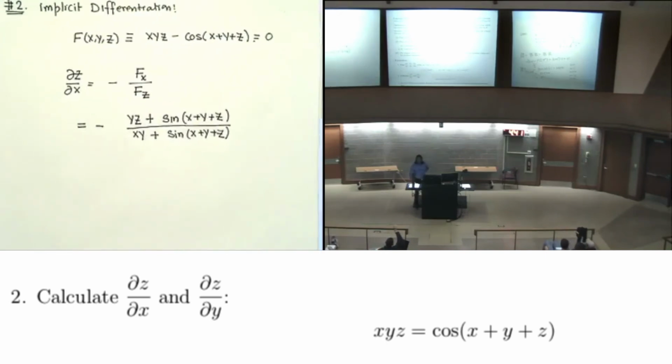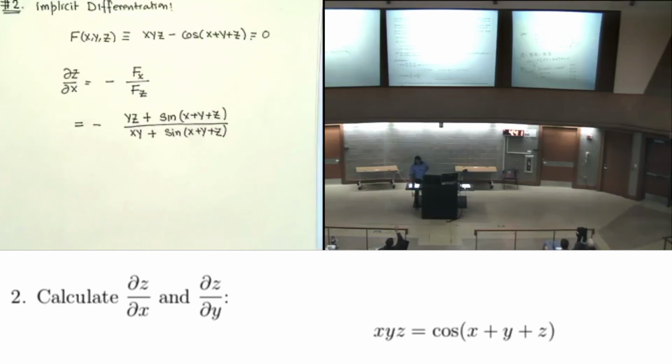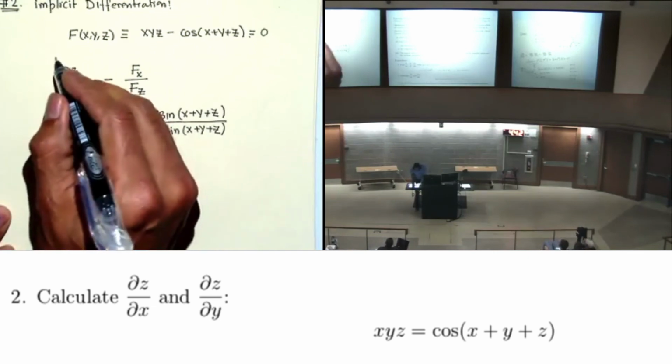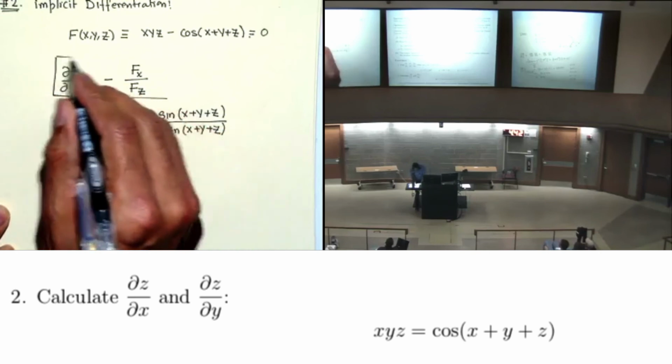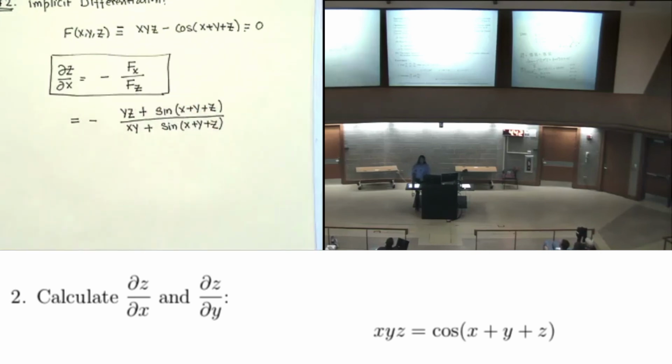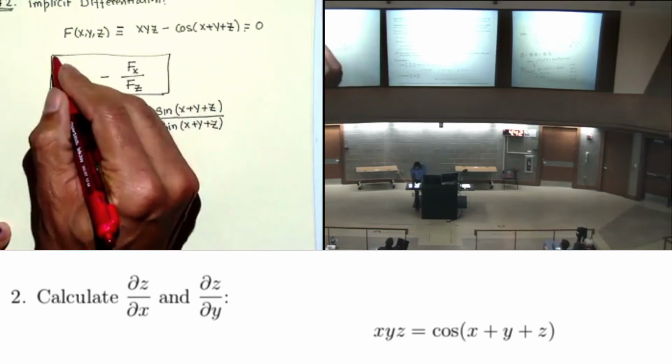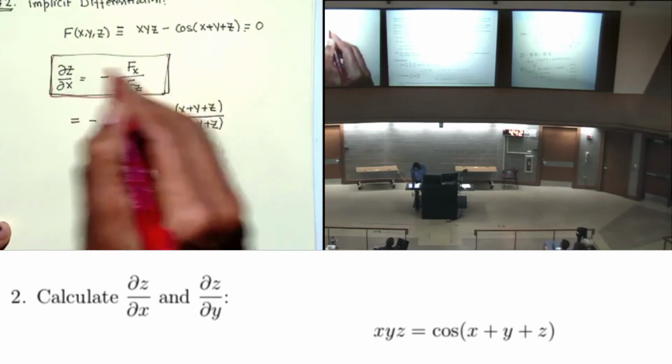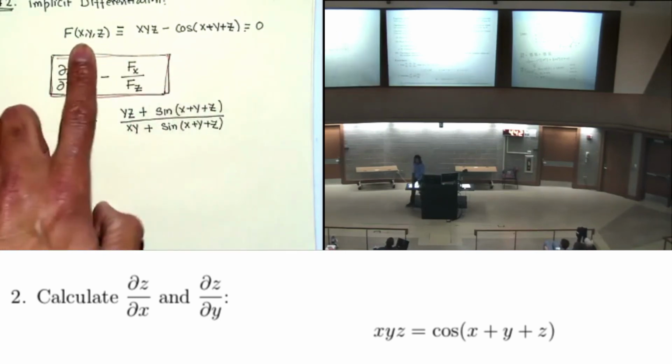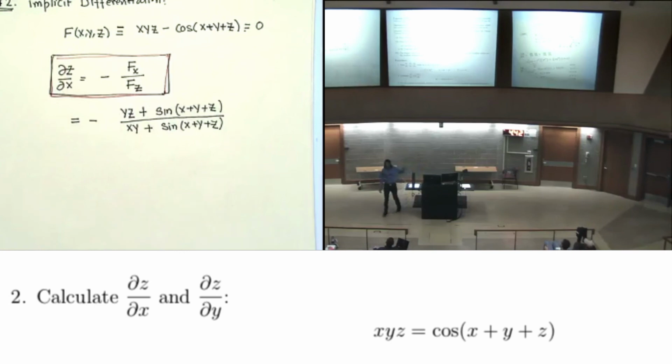Okay, any question before we move to the next one? Okay, James. Why did you say that? This is the formula. You know this. What is large F? This is the implicit relation which I get from my implicit relation.